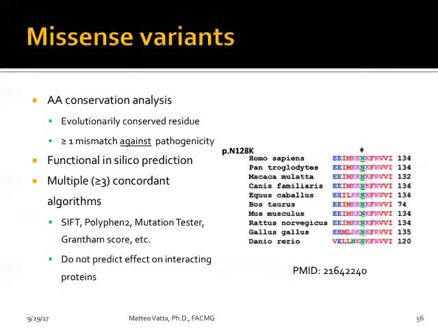So it's very important from a clinical perspective to know exactly what a variant does and where, even if it's a truncating variant, even if it's a splice variant.